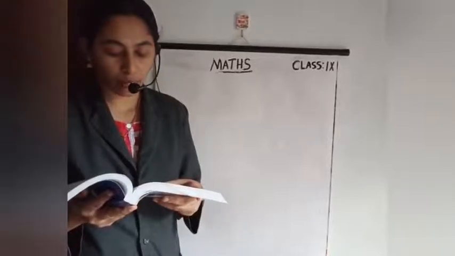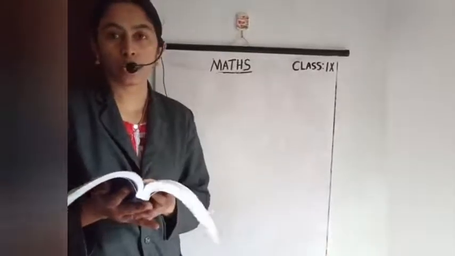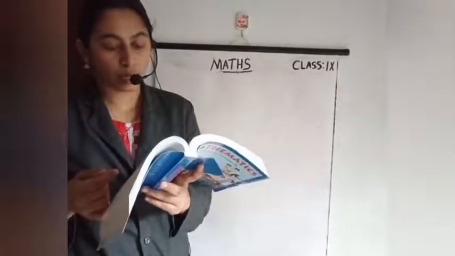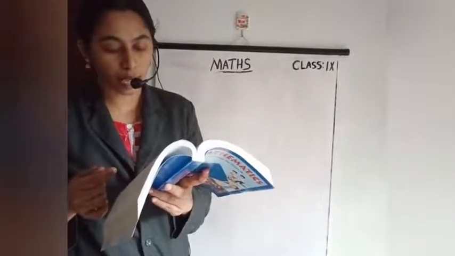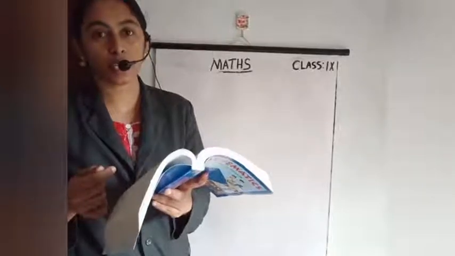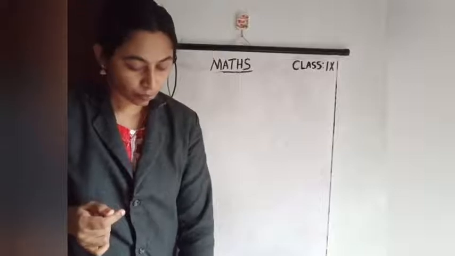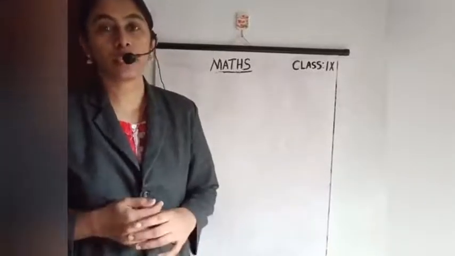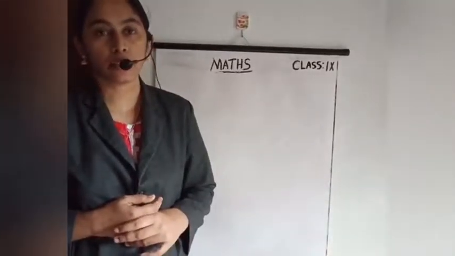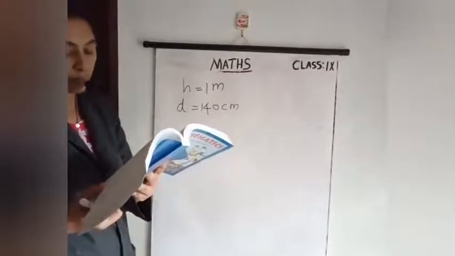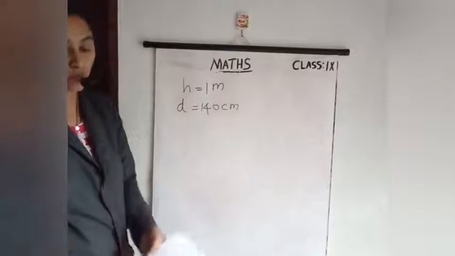So here we are going to make a closed cylindrical tank of height 1 meter and diameter 140 centimeter. The height is given in meter and the diameter is given in centimeter, so take care of that. Here they are asking how many square meters of the sheet are required for the same.